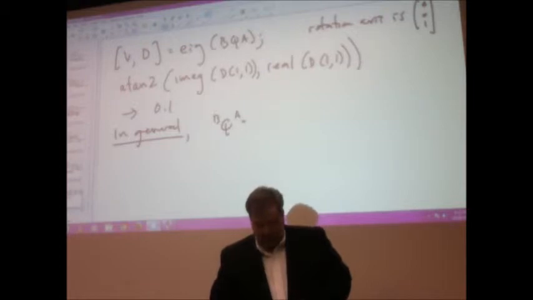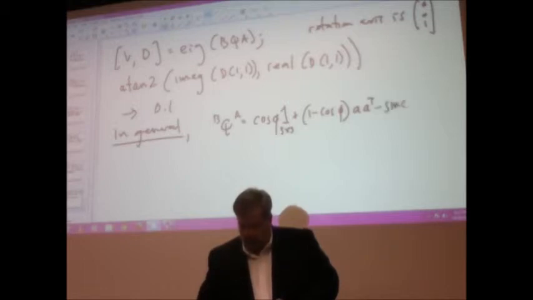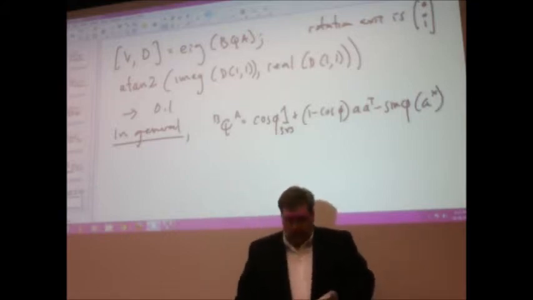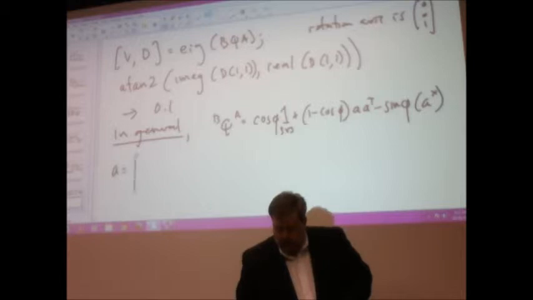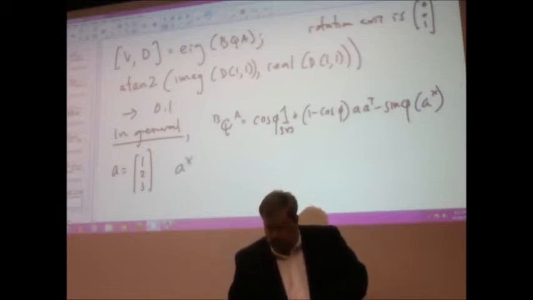It is cosine phi times the 3 by 3 identity matrix, plus the quantity 1 minus cosine phi times A A transpose, minus sine phi times this quantity here, A with a superscript cross. Remember what that is? We have A as 3 numbers like 1, 2, 3. In this case it's not a unit vector, I'm just putting it in there so we can construct the cross product matrix and you see what I'm talking about.